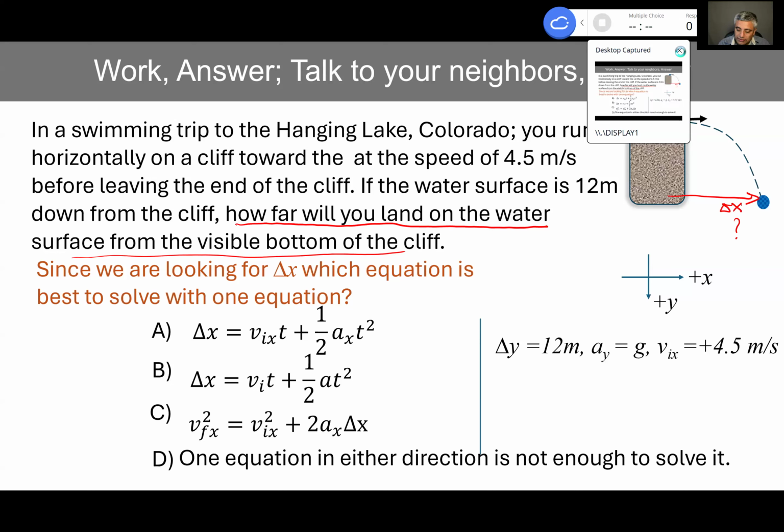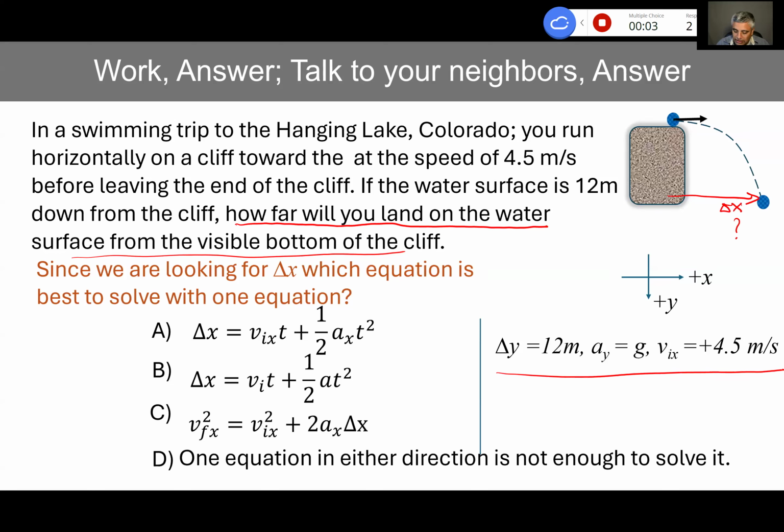Based on what we already know along the x and y direction, which equation should we use?